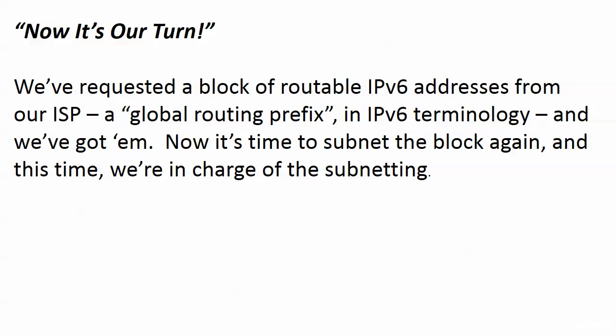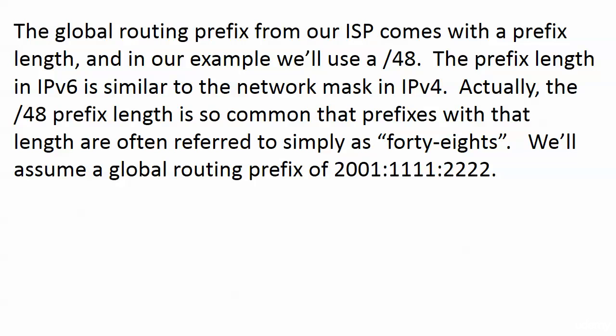Now it's our turn to start subnetting. We've requested a block of routable IP version 6 addresses from our ISP, a global routing prefix, if you will, and we've got them. You know, we've got the block. Well, now it's time to subnet the block again, and this time you and I are in charge of the subnetting. Now, the global routing prefix from our ISP comes with a prefix length, and in this example, we're going to use a /48.